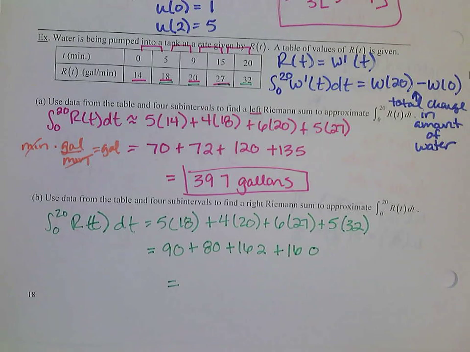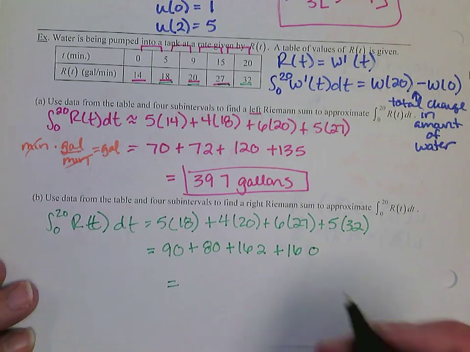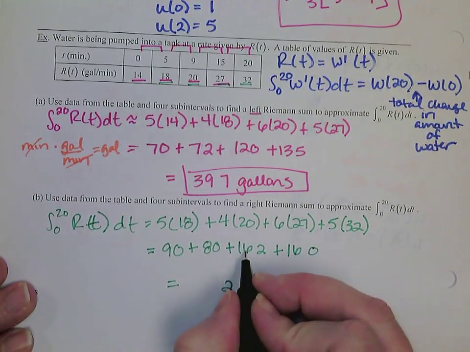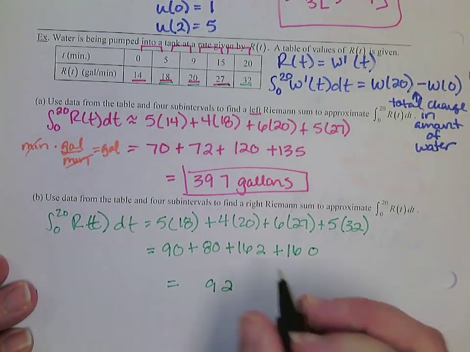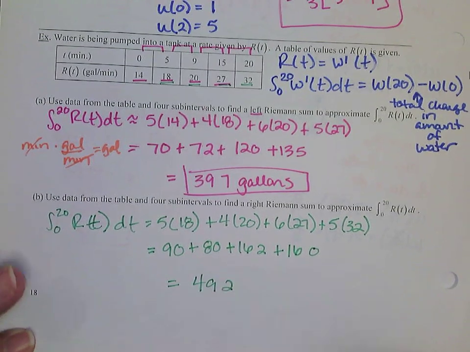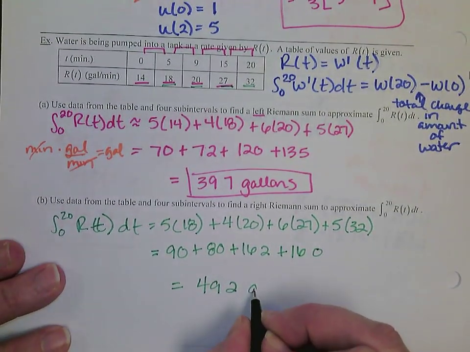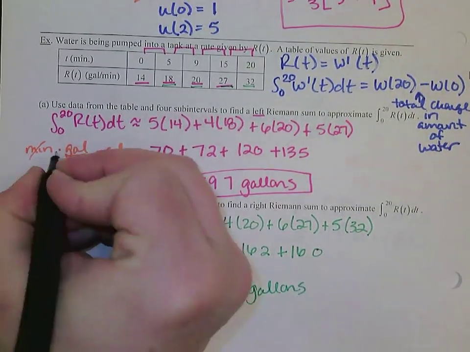So then we got 2, 6 and 6 is 12, and 8 is 29. Carry the 2, 3, 4, 492. And again, that would be in gallons for the same reason because we're using the same units to measure.